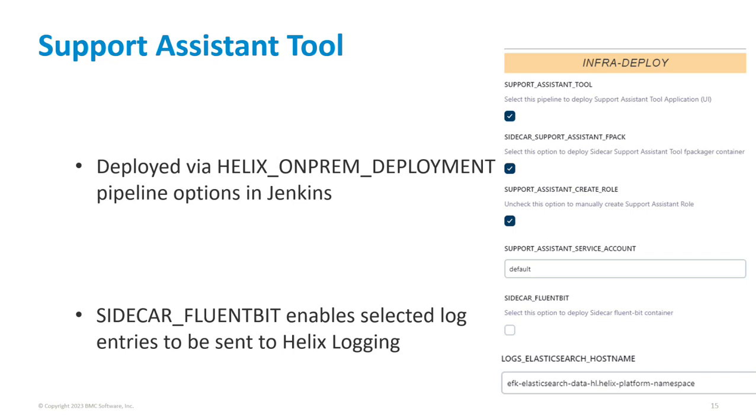So the first three checkboxes are relevant to the support assistant tool, and the final one is for the Fluent-bit sidecar for Helix Logging. The other option that needs to be set if you're enabling the Fluent-bit sidecar is you need to give the service name and the namespace name that points to the Elasticsearch instance running in the Helix platform namespace, so that the sidecar knows where to send the logs.